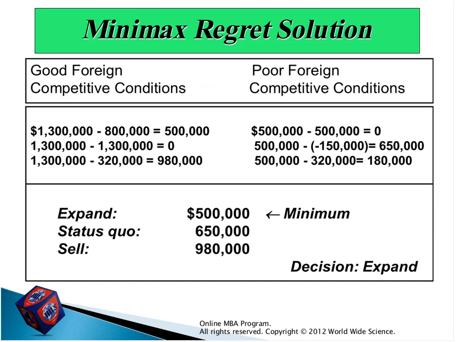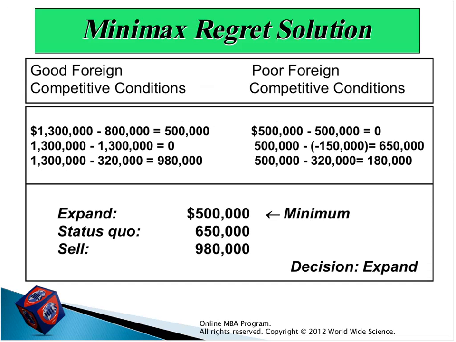If you remember, I told you the minimax regret has a rule. The rule is that for each state of nature in its column, for example, good foreign competitive conditions, at first you should select the maximum number. 1,300,000 was the maximum number for good competitive conditions for all decisions.